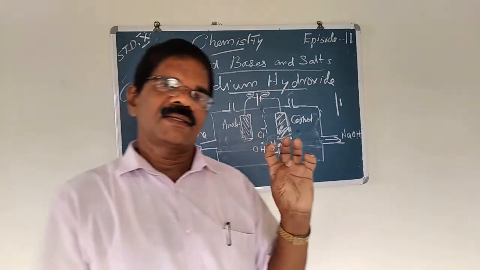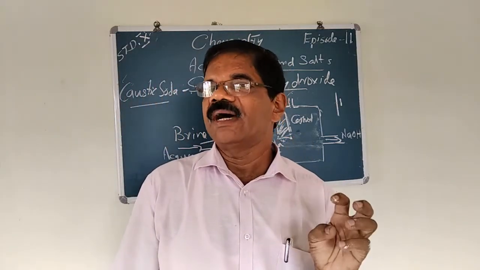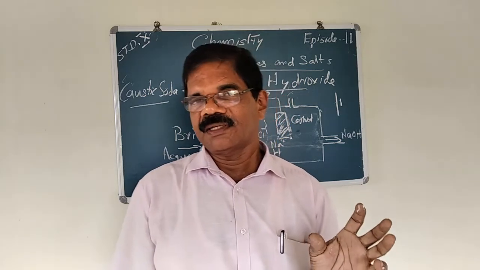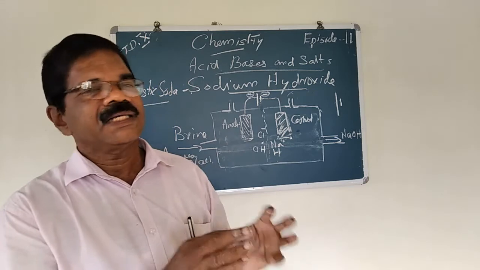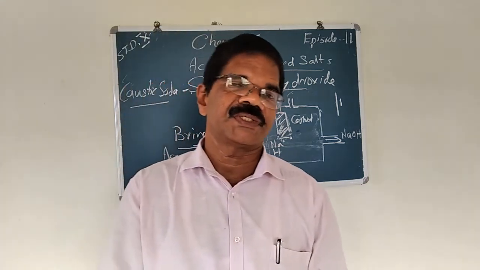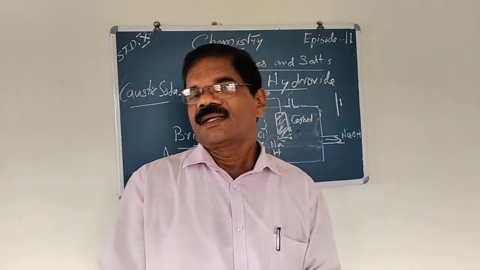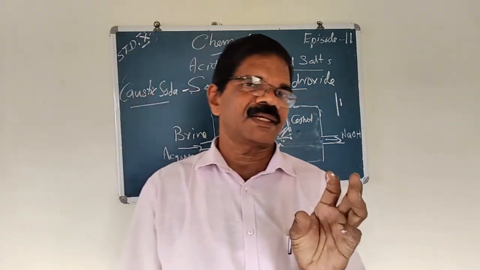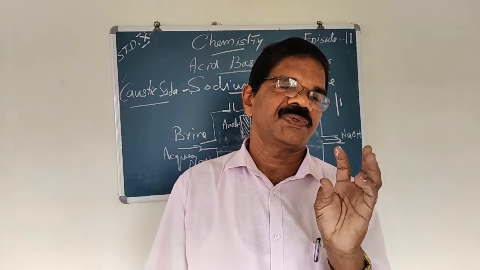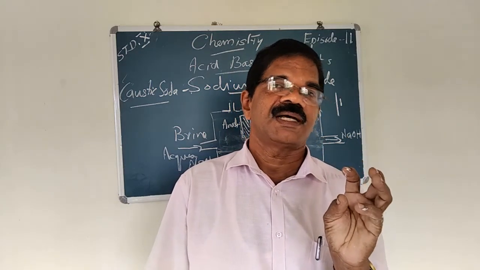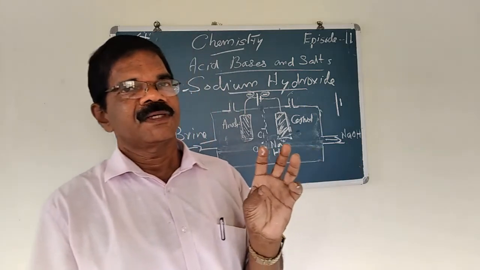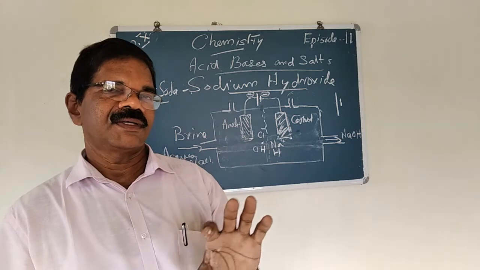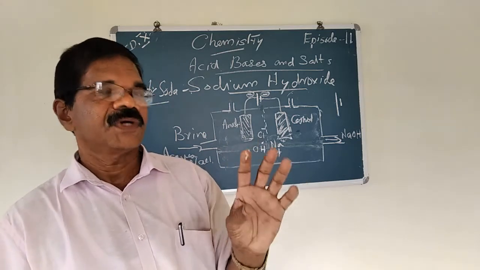When sodium chloride, NaCl, dissolves in water, it dissociates into Na positive and Cl negative. Similarly, water, a slight electrolyte, also undergoes dissociation to give H positive and OH negative. Water, H2O, gives H positive plus OH negative.